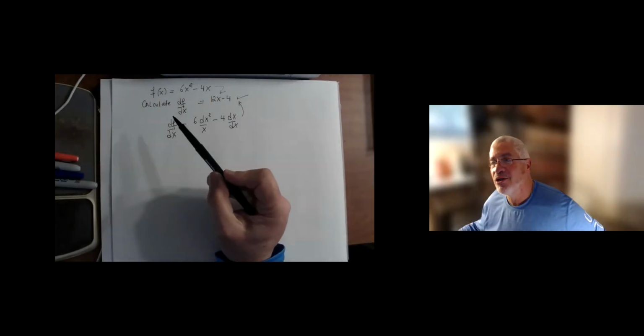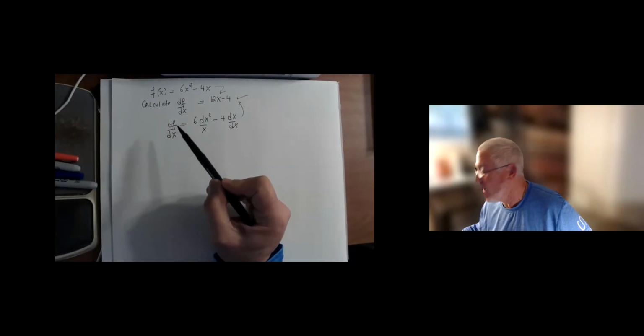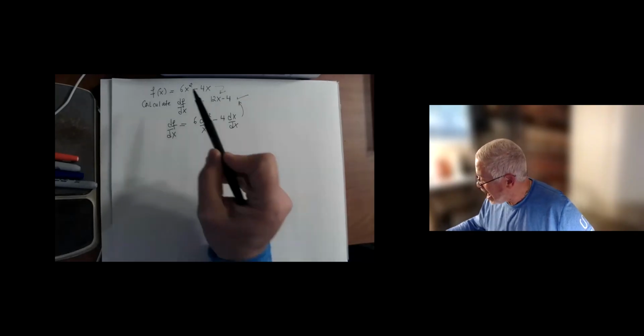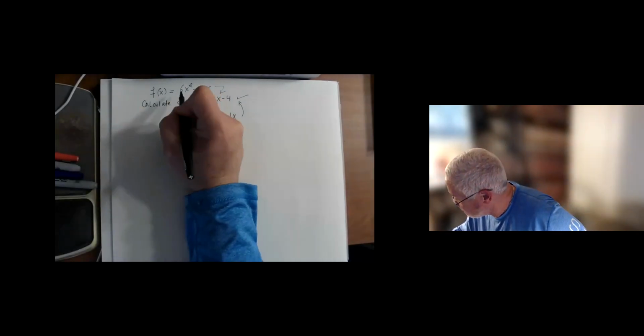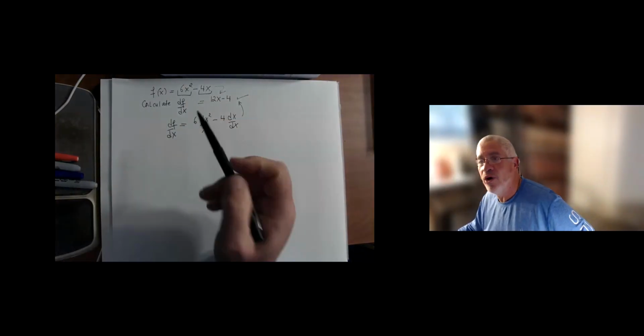And that's how you get to this. You are able to do this because the derivative operator is what's called a linear operator. In essence, I'm able to consider the function as the sum of two functions. That's the first thing.